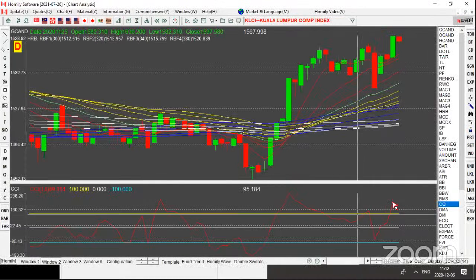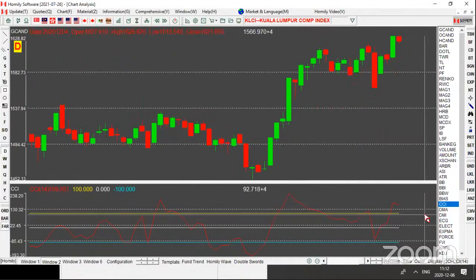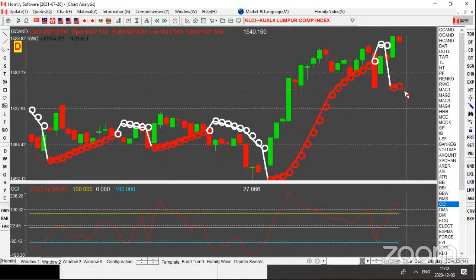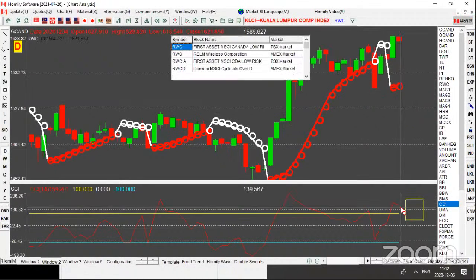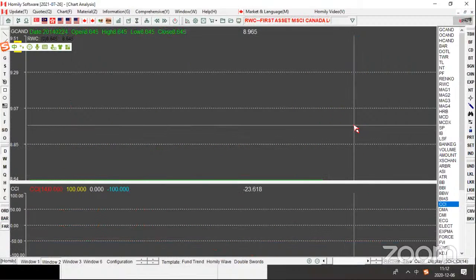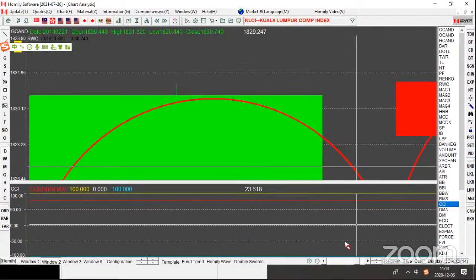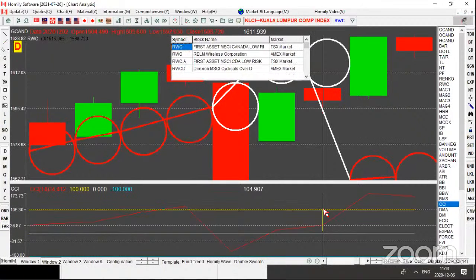About red eye white circle, actually here's one point I can mention to you. We can use red eye white circle to forecast the stop loss points. Let's say you can find red eye white circle over here, right? And also you can put it in the second window, RWC.